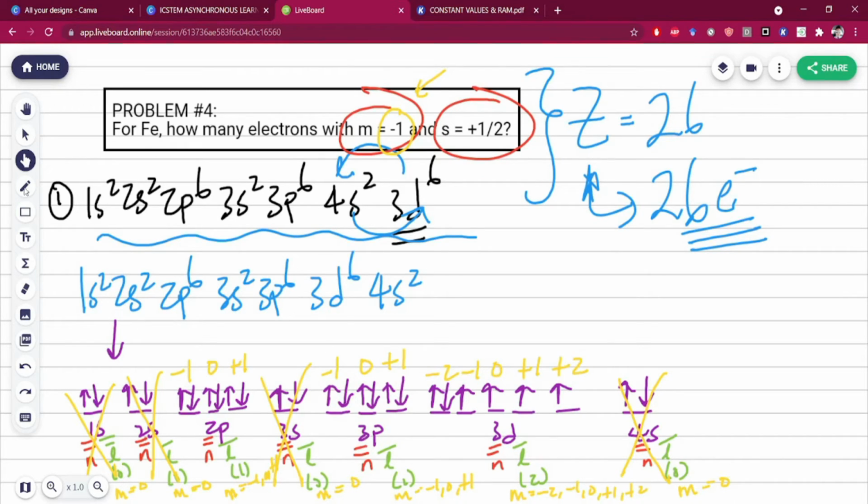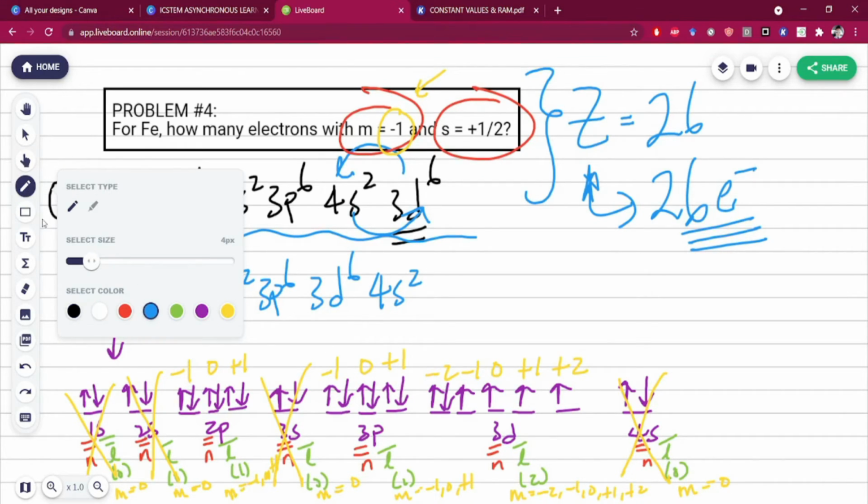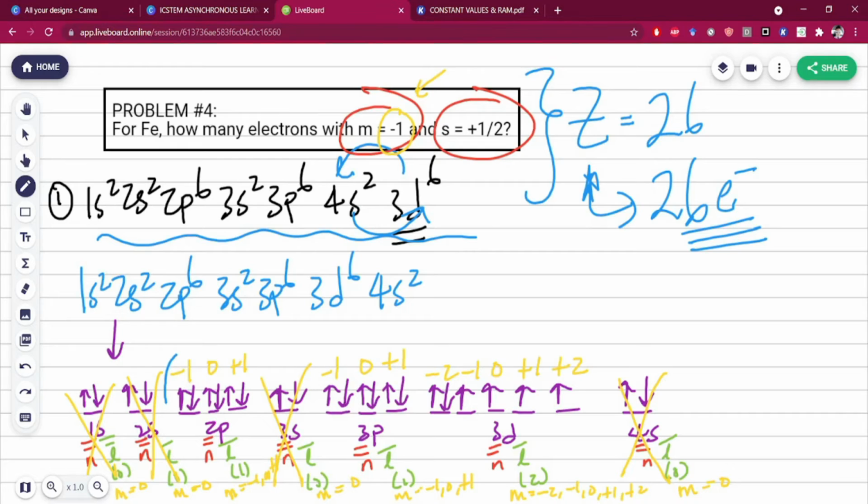Okay, so let's identify that one first. I am going to use blue, so those are the electrons we want to focus on, because we need to find for m equals to -1. But do remember, we need to look for positive half spin. And you do know that in here you have positive half and negative half, positive half, negative half, and positive half.